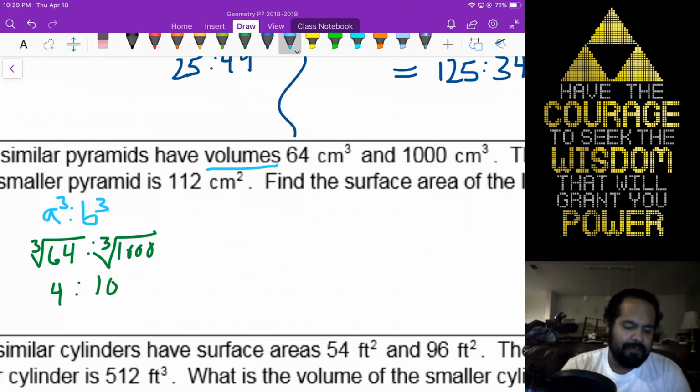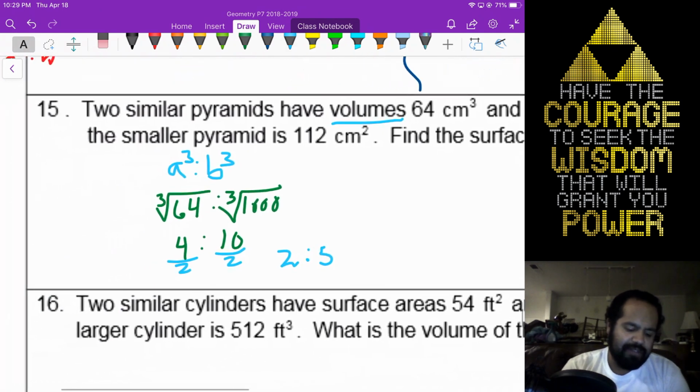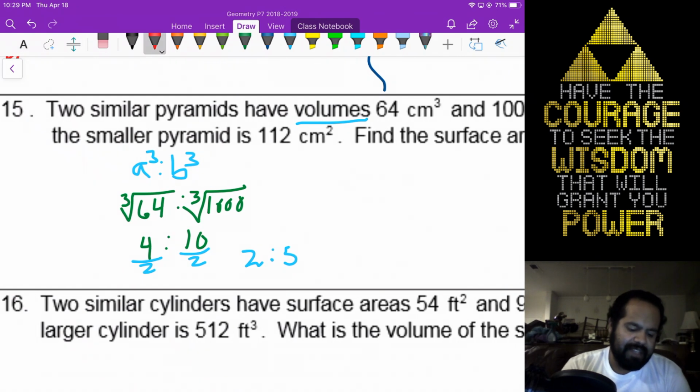So right here, I'm going to divide this by 2, and so you're going to get 2 to 5. This ratio right here, Eob, because I reduced it down, this is my similarity ratio. So your goal is to always start by finding the similarity ratio.